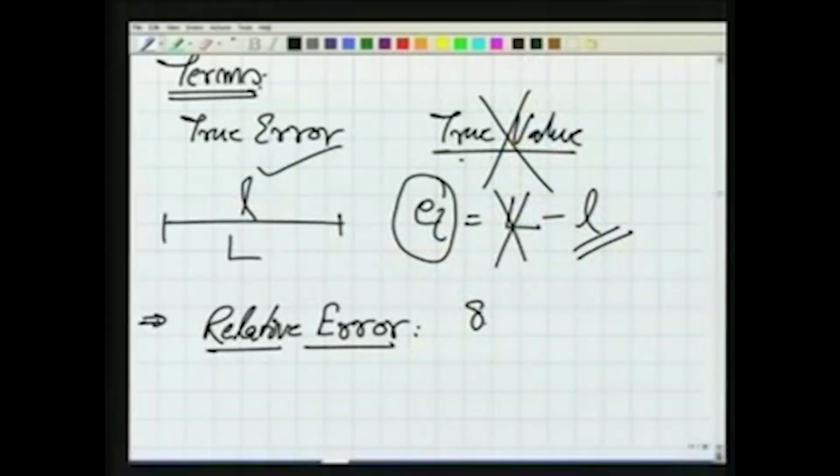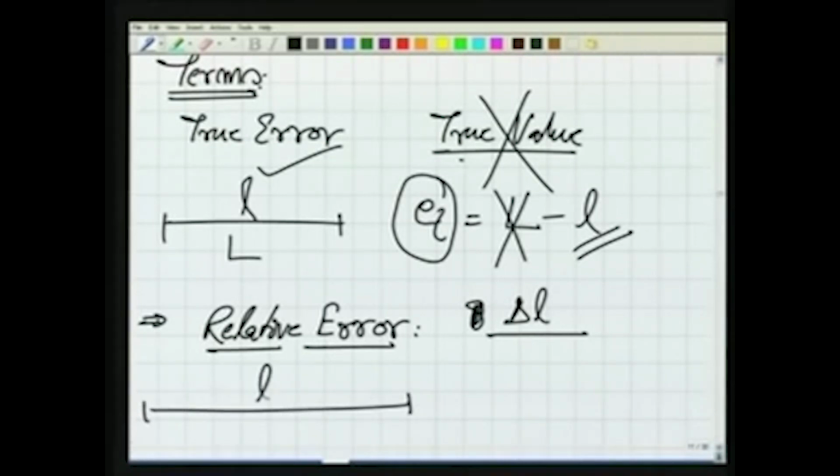Let us say that error which is being introduced because of the least count is delta L. Now, if I observe a length of line which is L1, I can find delta L by L1, and this we say as the relative error.